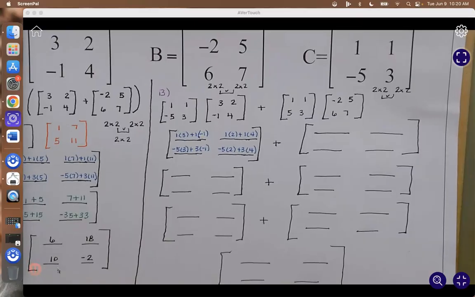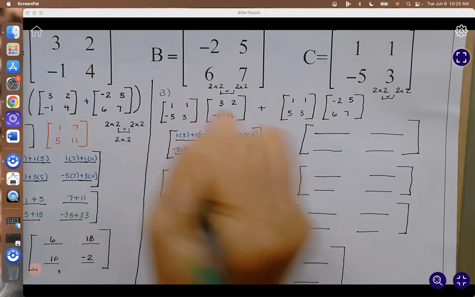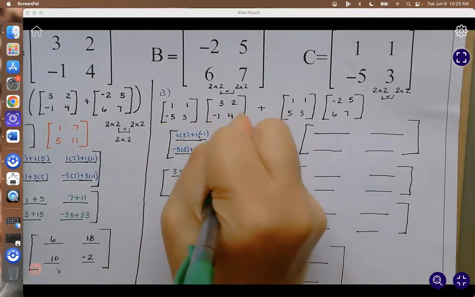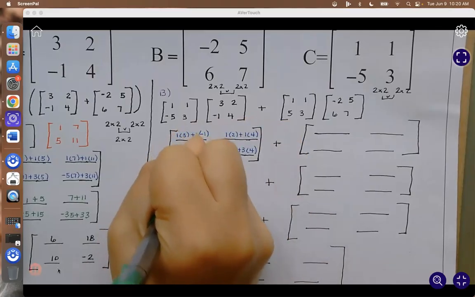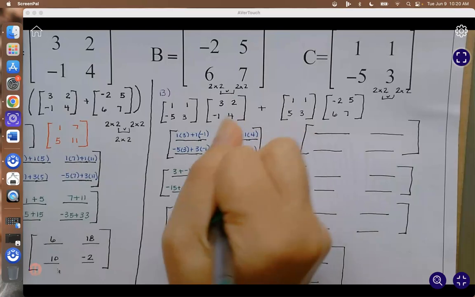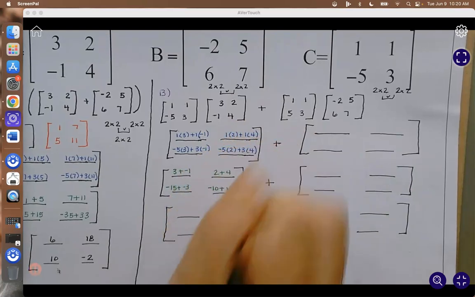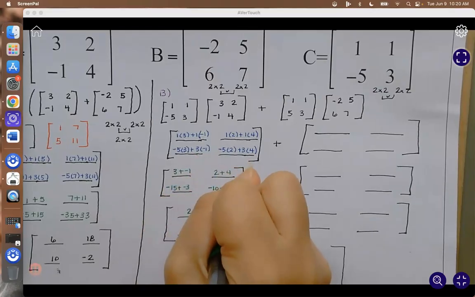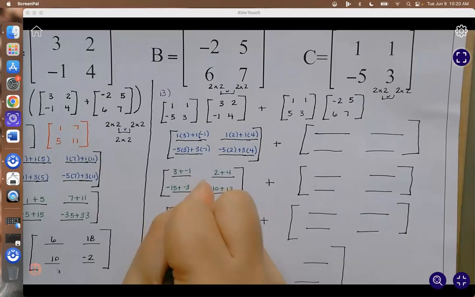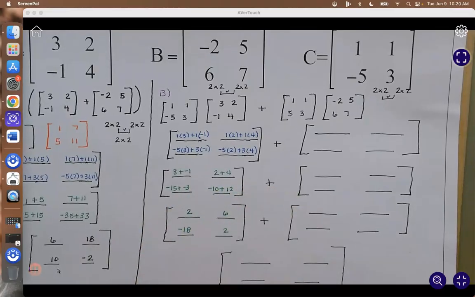Okay, so here we have 3 plus negative 1. We have 2 plus 4. We have negative 15 plus negative 3. We have negative 10 plus 12. So this becomes 2, 6, negative 18, and 2.